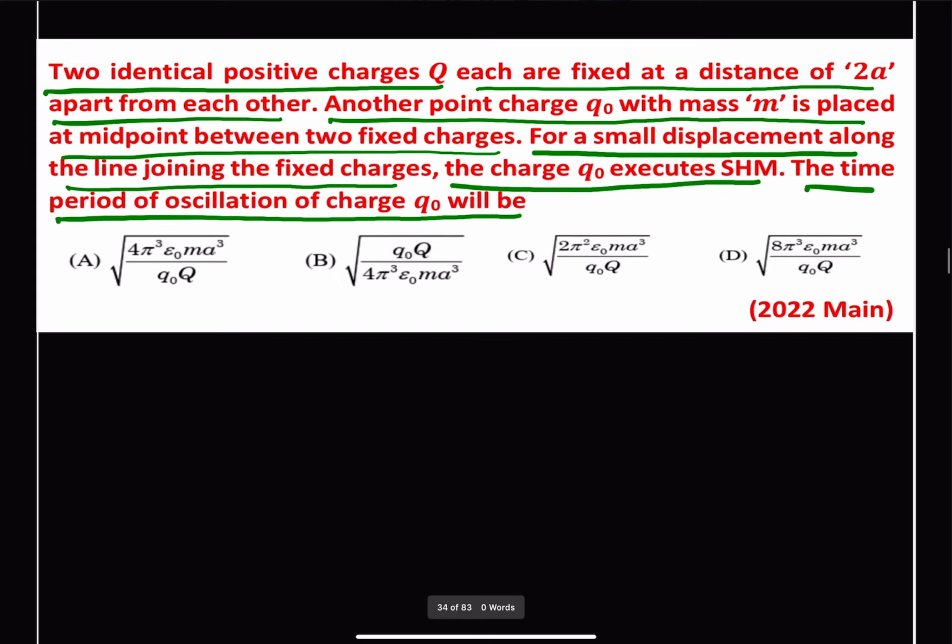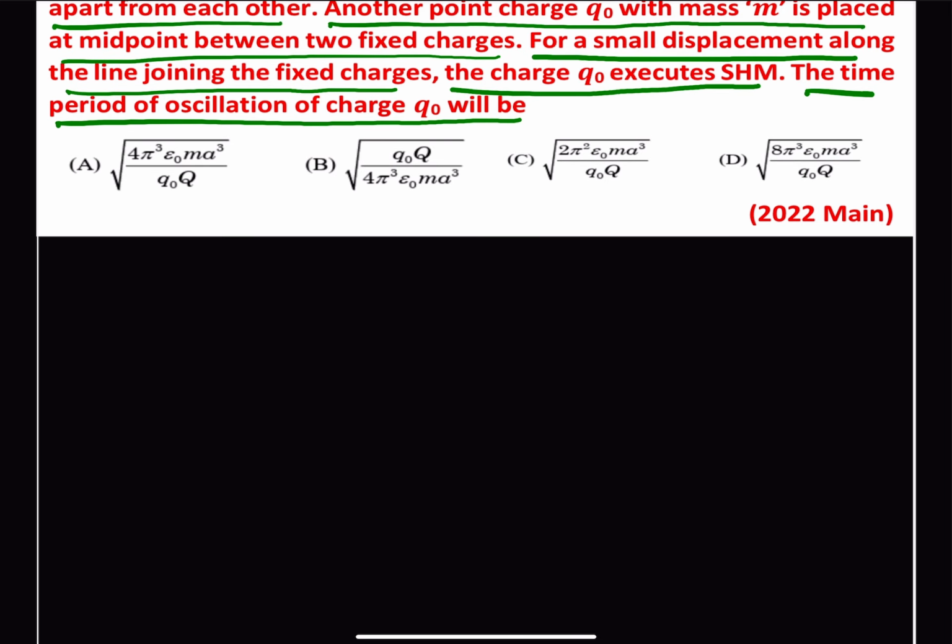So we are given two charges. Suppose this is our first charge plus Q, and this is also plus Q, and the distance between them is 2a.